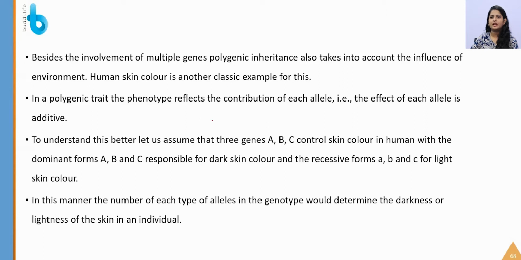Let us assume that 3 genes A, B and C control the skin color of human beings. We are going to talk about the power of the dominant genes. The dominant forms of A, B, C are responsible for the darkest skin color, whereas if all 3 are recessive, it will represent the lightest skin color.